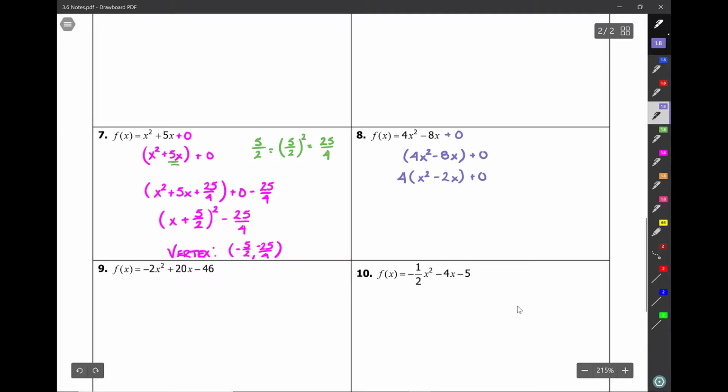And we're at this point now. So we can take our linear term, the negative 2, divide it by 2, and we get negative 1. And when we square that, we get positive 1. So we're going to add 1 inside the parentheses.